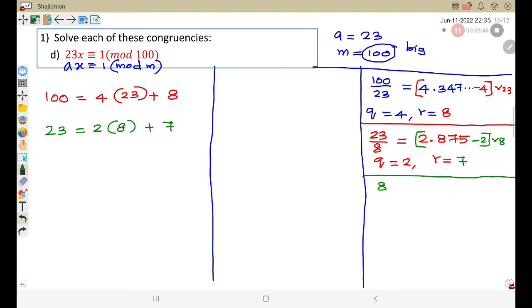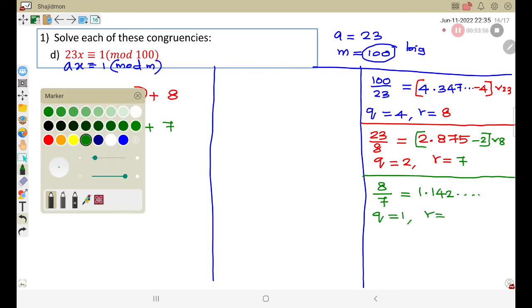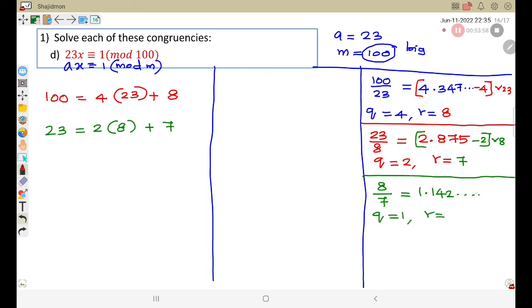Now 8 over 7 equals 1.142, like this going. So quotient equals 1. The remainder is opposite minus 1, multiply divisor 7, so 1. So this step becomes 8 equals 1 multiply 7 plus 1.